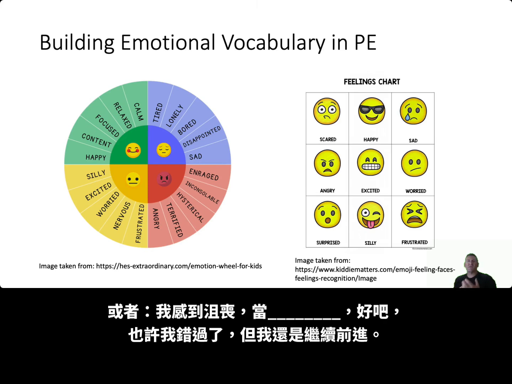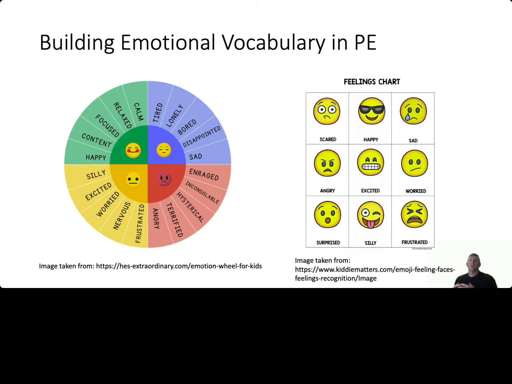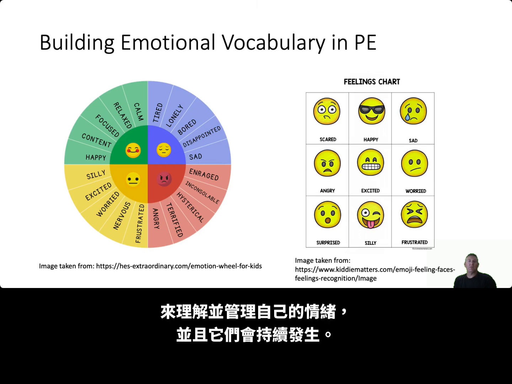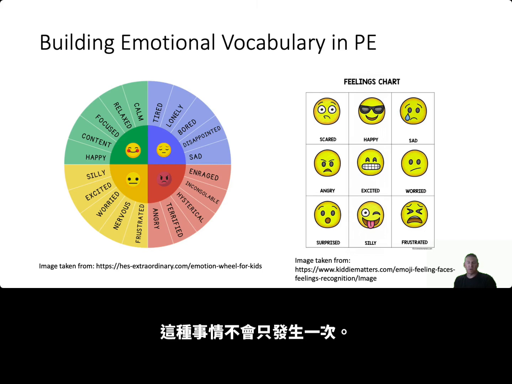Or I got frustrated when, perhaps I missed, but I kept going. These tiny routines help students build the language they need to understand and manage their emotions. And they occur on an ongoing basis. It doesn't occur just once, but time and time again while engaged in the movement activities.